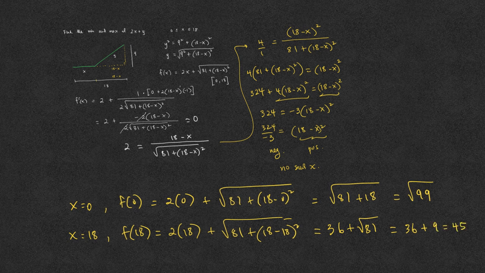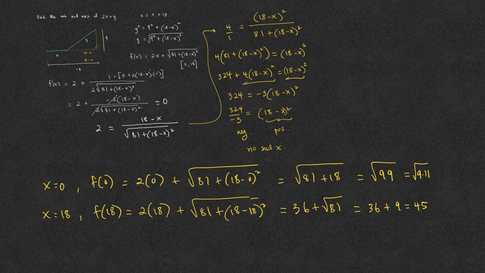The square root of 99 is the square root of 9 times 11, or 3 root 11. With both of these numbers, we see that 45 is the maximum and 3 root 11 is the minimum value.